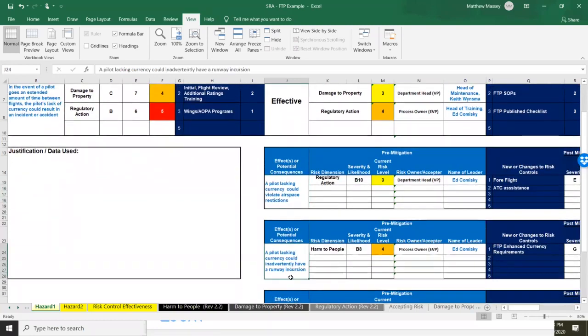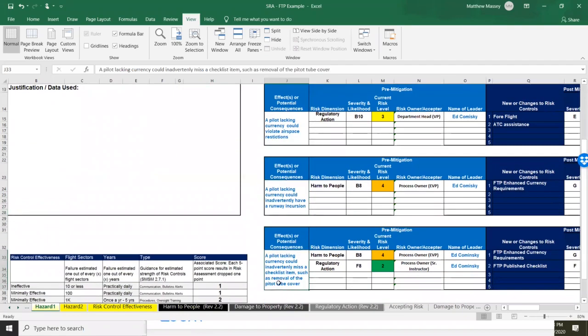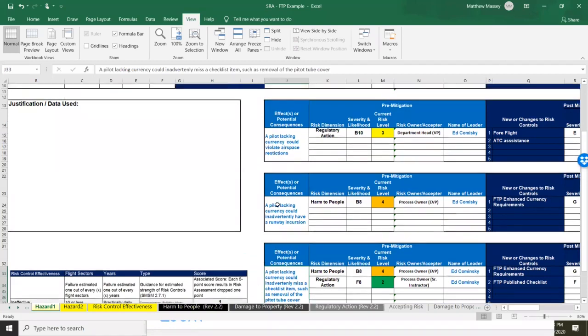We could be heads down and we could inadvertently have a runway incursion. And we could inadvertently miss a checklist item. We could forget to remove the pitot tube, or maybe we don't untie the aircraft and then try to go and taxi, and all of a sudden we need full power and we're still stuck in our parking spot. All sorts of things can happen.